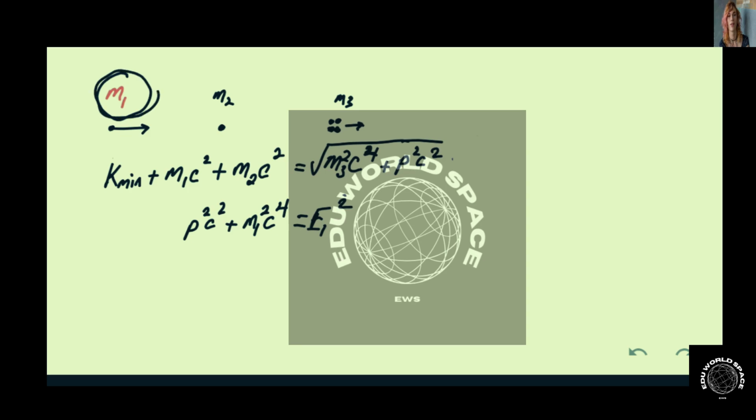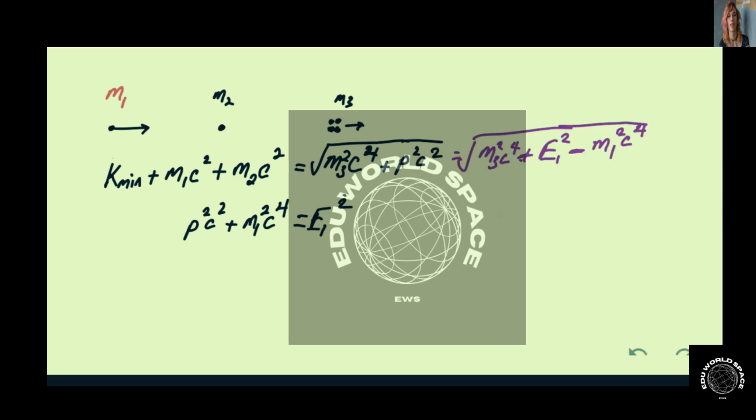This is the only contributor of the initial momentum, and this momentum expression can be derived from the energy momentum relationship of our mass m1, where the total energy E1 squared is equal to P squared C squared plus M1 squared C to the fourth. This is the energy momentum relationship again for m1, and this P is the same P as the other P, by conservation of momentum.